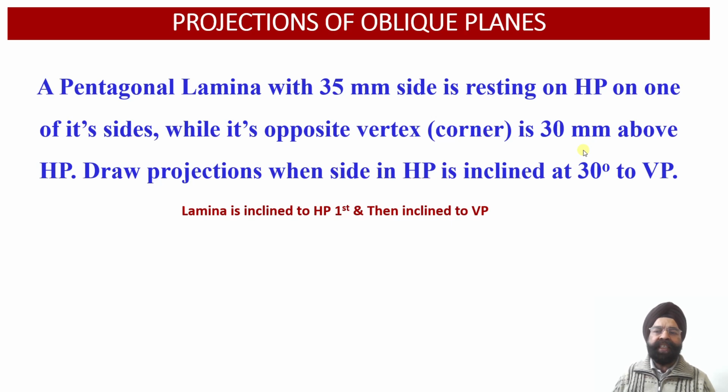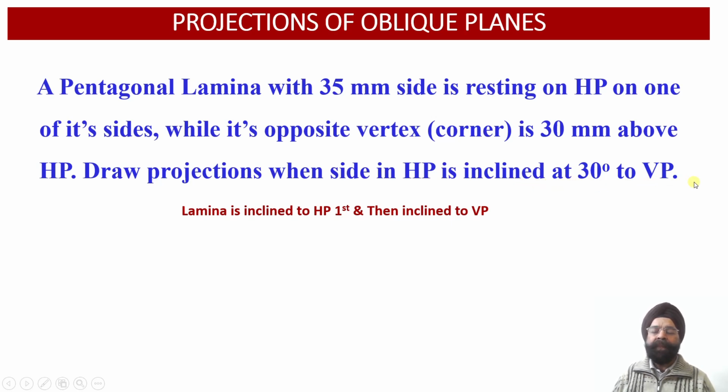Further, since the lamina is resting onto the ground on one of its sides, we assume that it is resting onto the horizontal plane to begin with, so the front view, that is the edge view, will be drawn onto the XY reference line. Then the next information available is that the side onto which it is resting in the horizontal plane is further inclined with respect to the vertical plane at an angle of 30 degree.